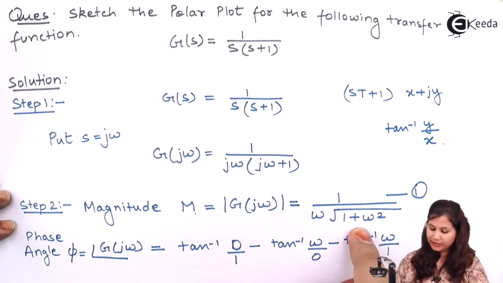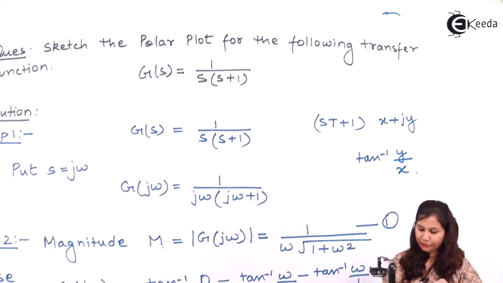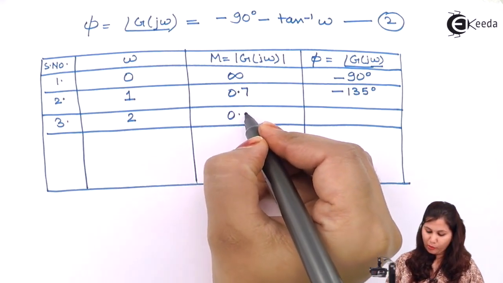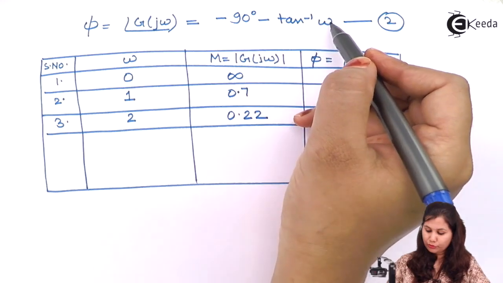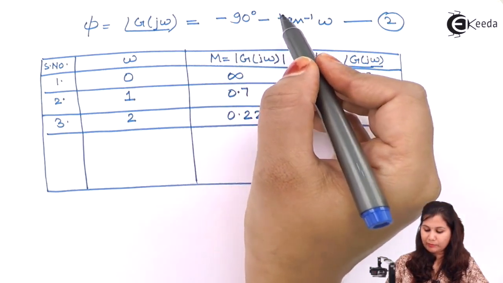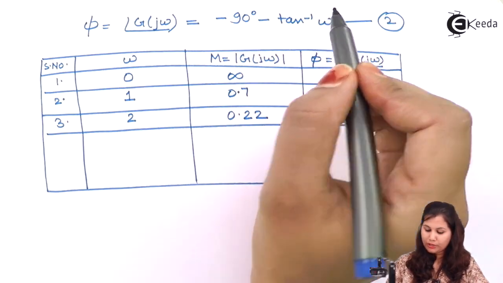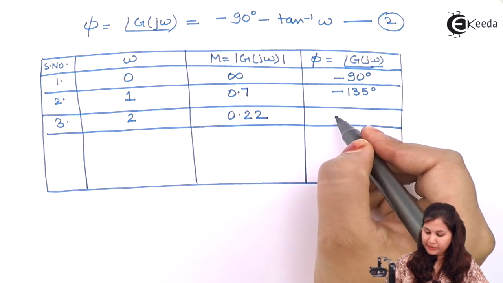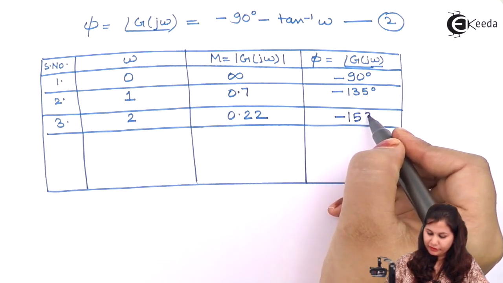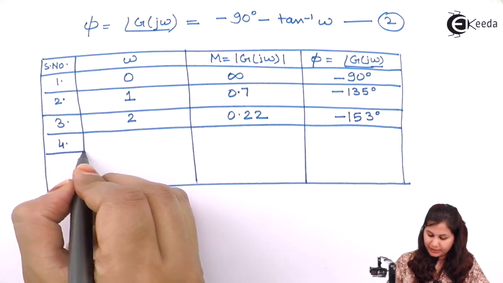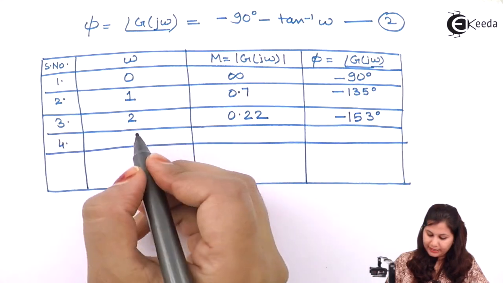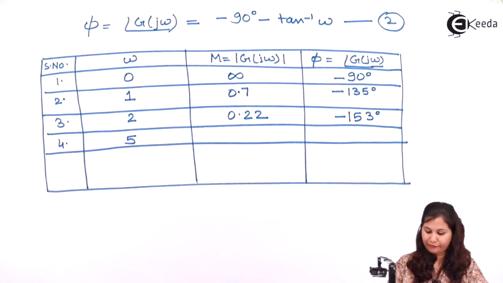When we solve this, the magnitude will come out to be 0.44. In the angle equation, minus 90 degrees minus tan inverse of 2, the phase angle will come out to be minus 153 degrees. Now next take another value of omega, let us suppose it is 5.